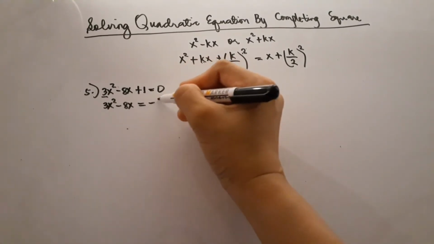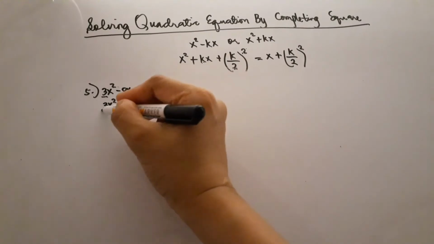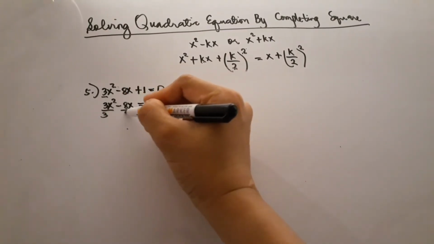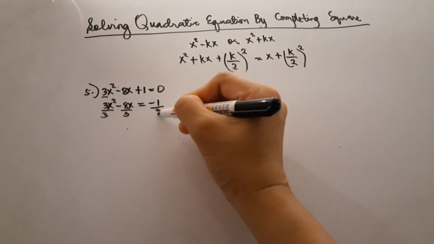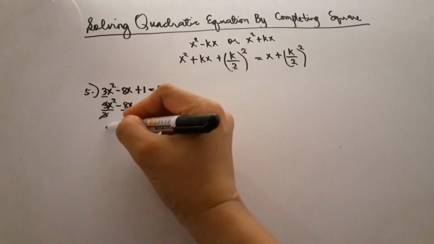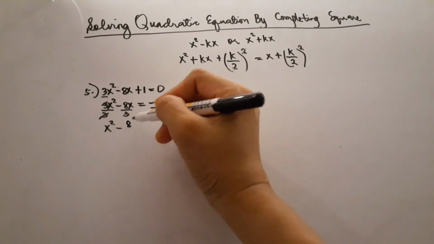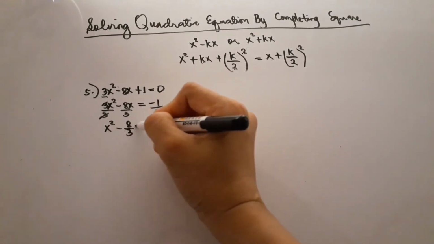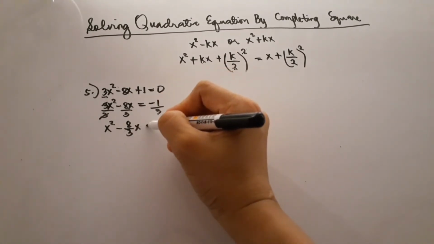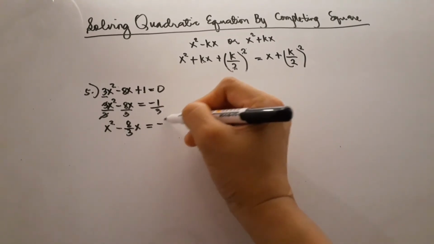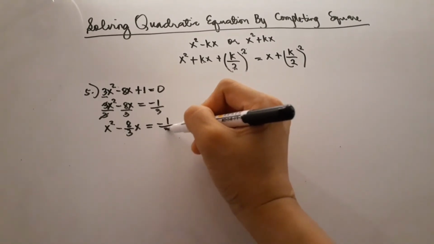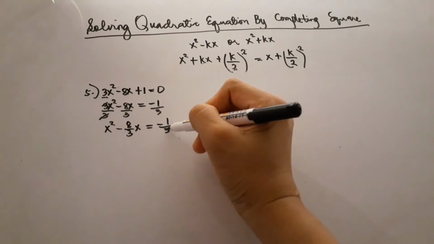To isolate this one, we can add -1 to both sides. And then we divide each side by 3 so that we can take away the coefficient of x². So we have x² - (8/3)x = -1/3.